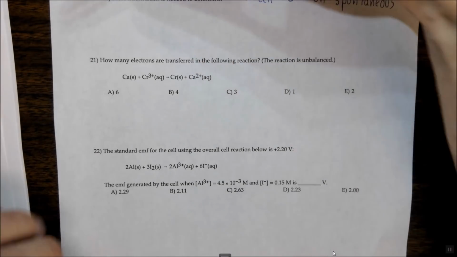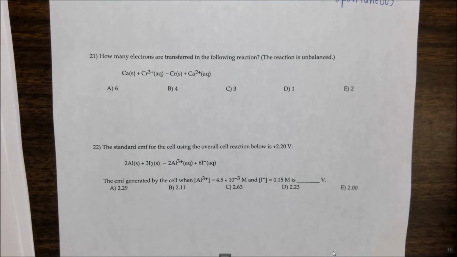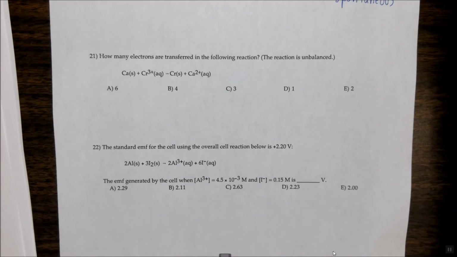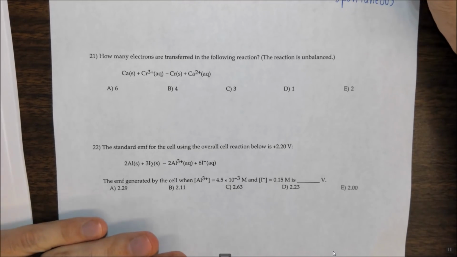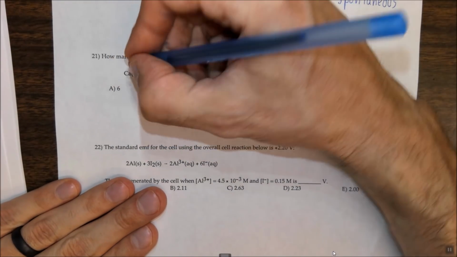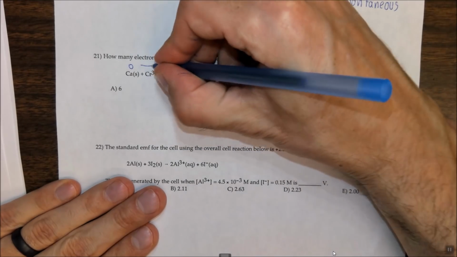Question 21 says, how many electrons are transferred in the following reaction? The reaction is unbalanced. So this is very similar to a balancing redox question that we did a few questions ago, that really long one. But let's take a look. First of all, we need to find out what's oxidized and what's reduced. So calcium has an oxidation state of 0, and it goes to +2.